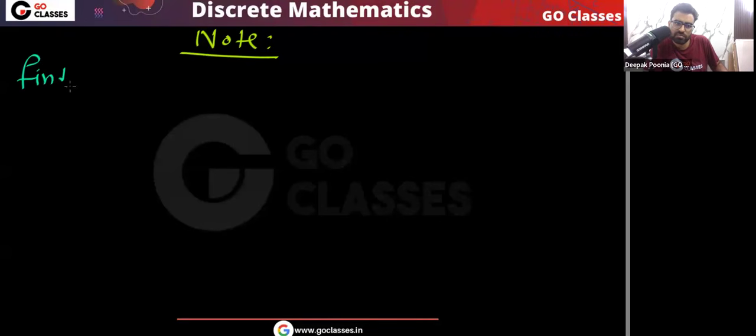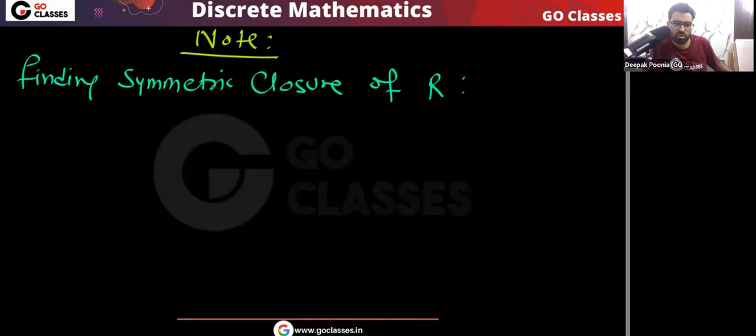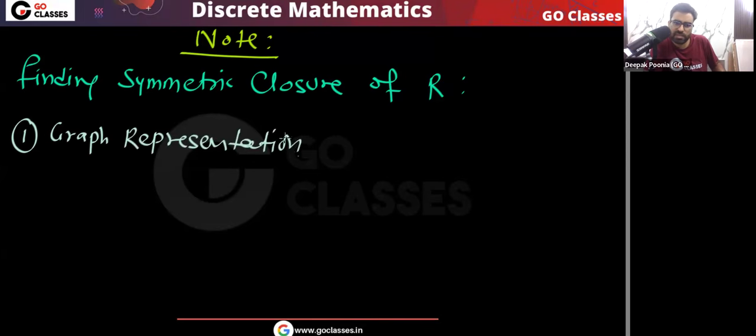Finding the symmetric closure of R: if graph representation is given, then what will you do? And if matrix representation is given, then what will you do?